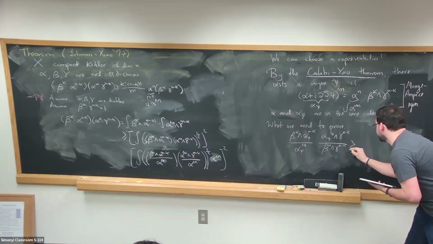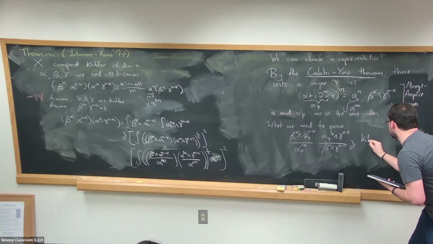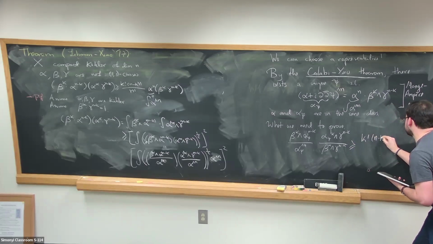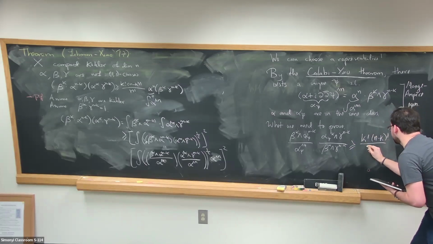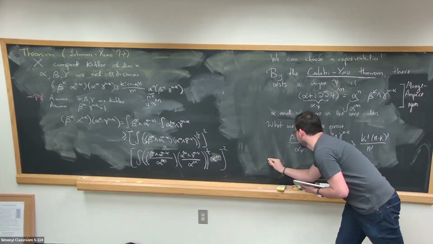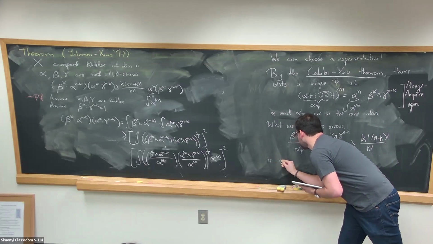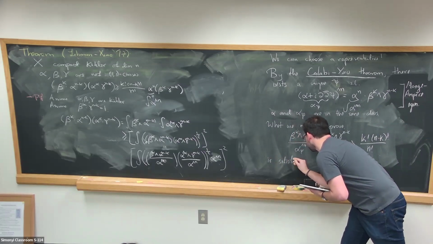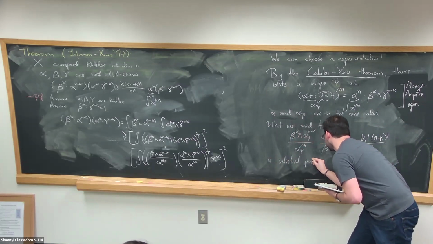If we prove that this is bigger than or equal to k factorial (n minus k) factorial divided by n factorial, then we have the inequality, one by one, if we prove that this is satisfied.